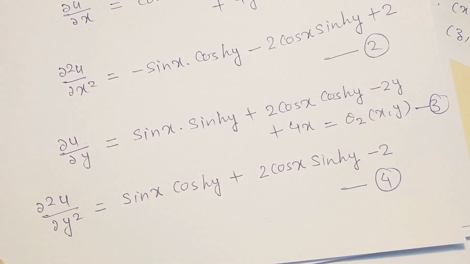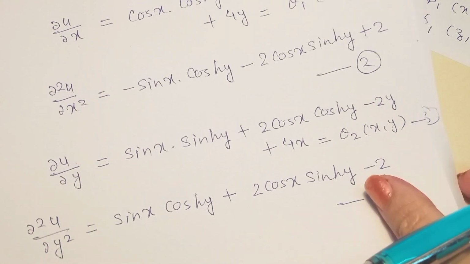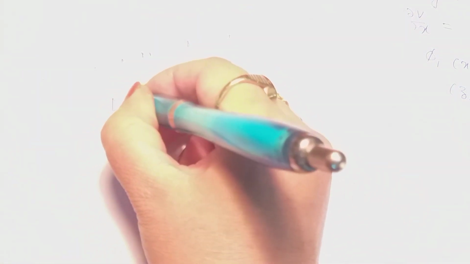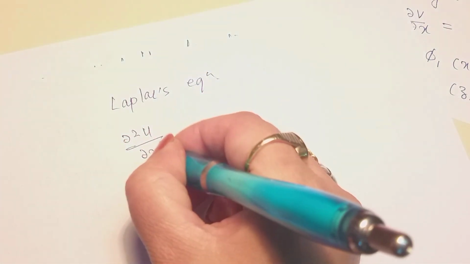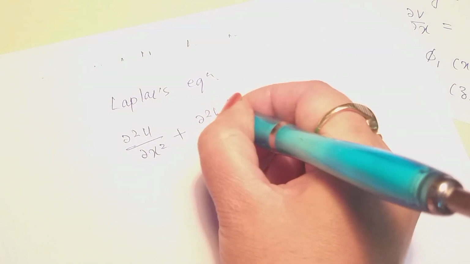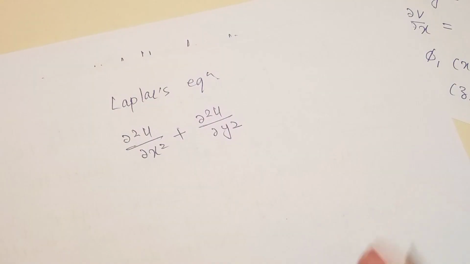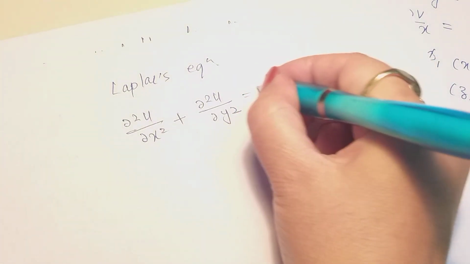It is equation number 4. Okay. Now to check this function is harmonic function, it should satisfy Laplace equation. And what is Laplace equation? Del square u by del x square plus del square u by del y square must be equal to 0.